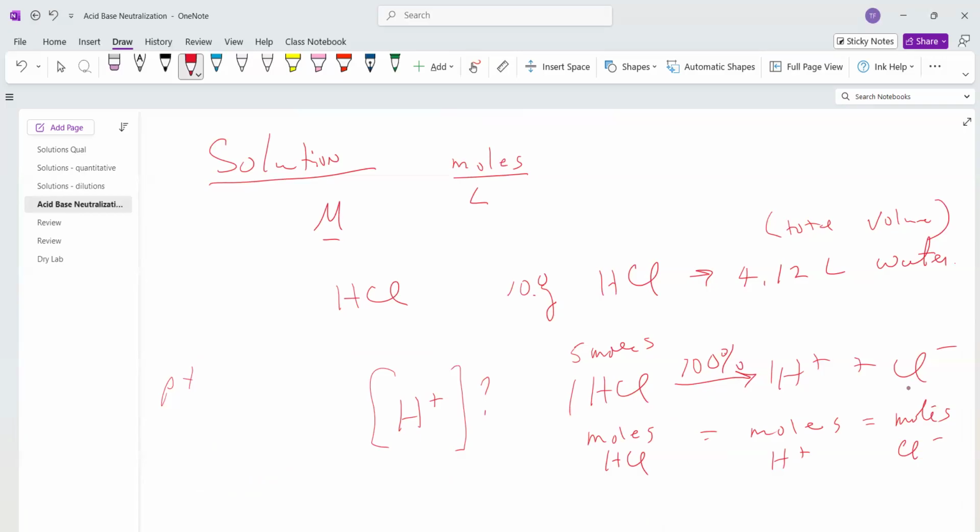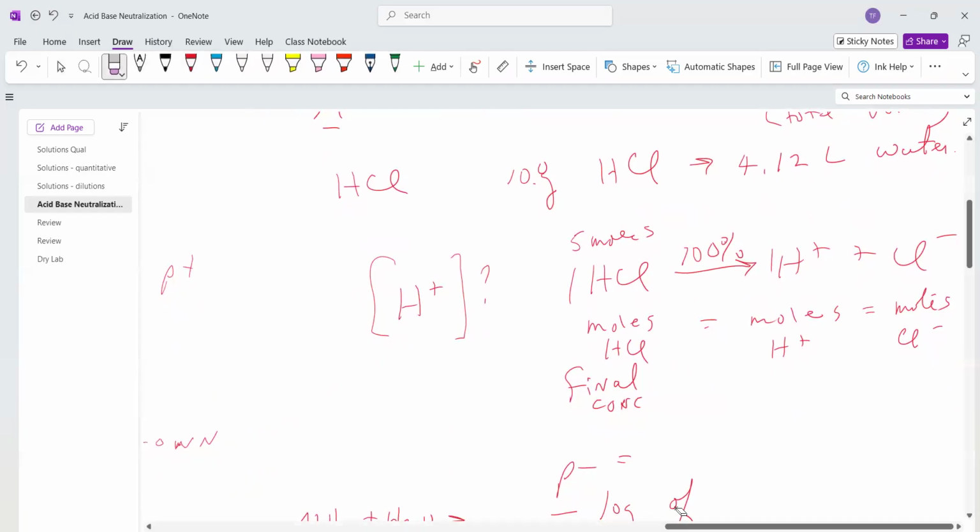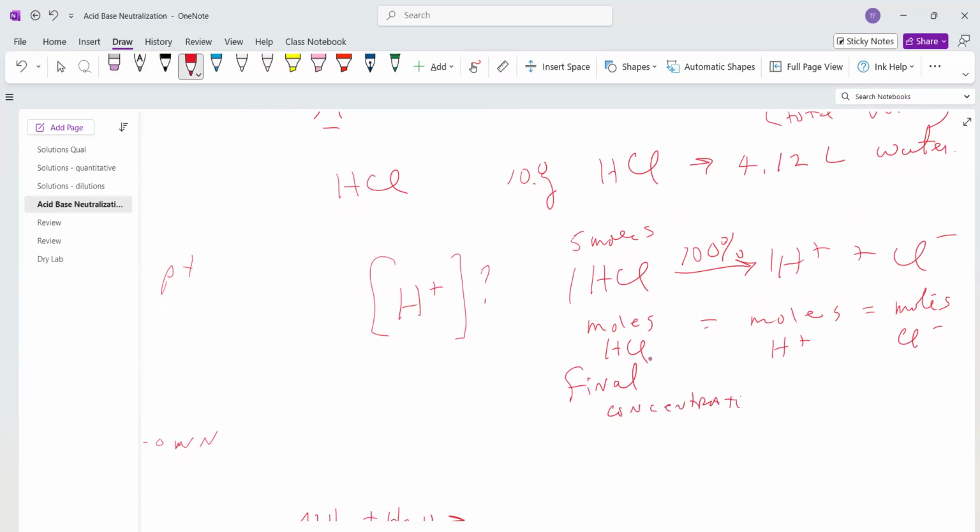Okay, so let's look at the final concentrations now. HCl is 0 moles. Final concentration of H is going to be 5 moles. Final concentration of Cl is going to be 5 moles.